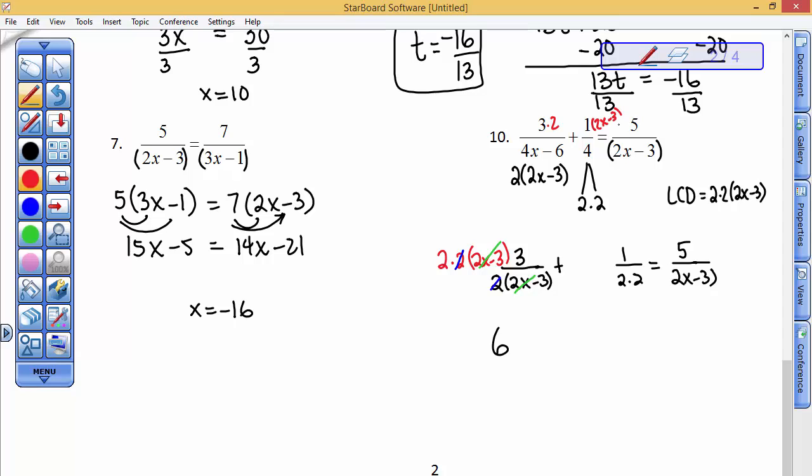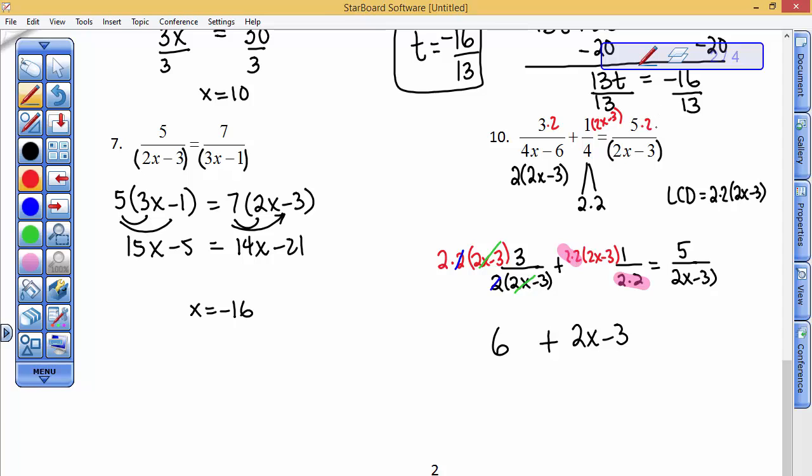I'm trying to show a little shortcut because when you multiply this by 2 times 2 times 2x minus 3, the sets of 2's will cancel out and you'll be left with 1 times 2x minus 3, which is just 2x minus 3. See the right side, the 5 over the 2x minus 3? It's got this, but it doesn't have the two 2's or a 4.